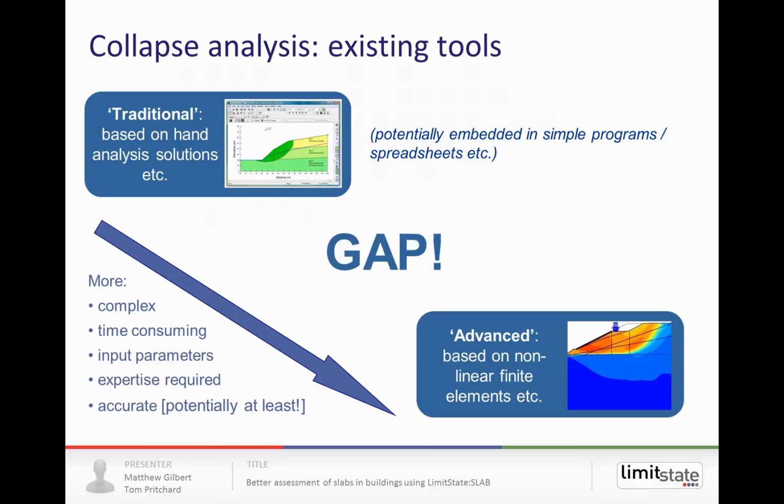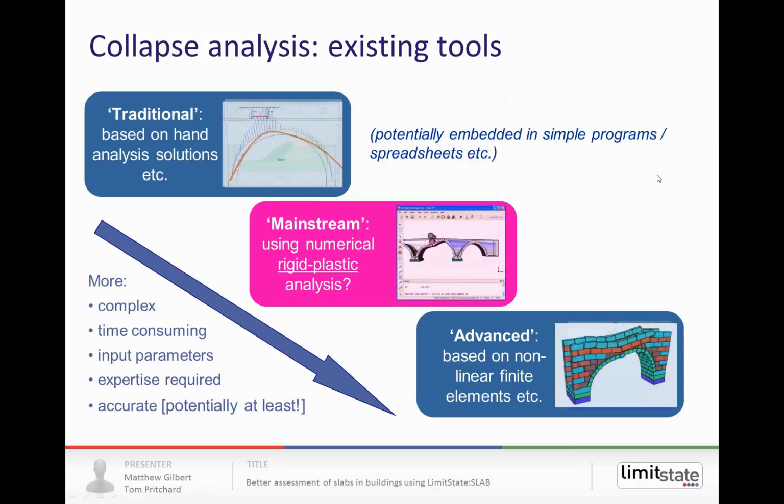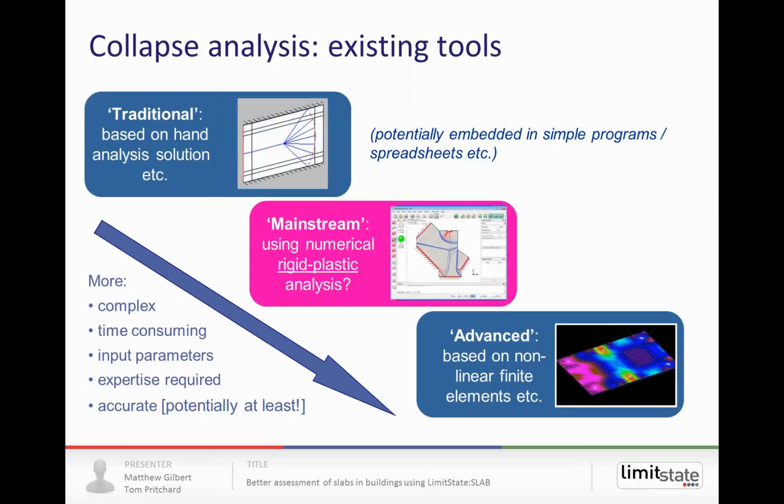So we felt there's a large gap between these two types of tools, and we've been trying to fill that gap with mainstream tools based on numerical rigid plastic analysis, and applying that thinking to, for example, geotechnical problems, as you can see on the slide in front of you, to masonry problems, and also to reinforced concrete slab problems.